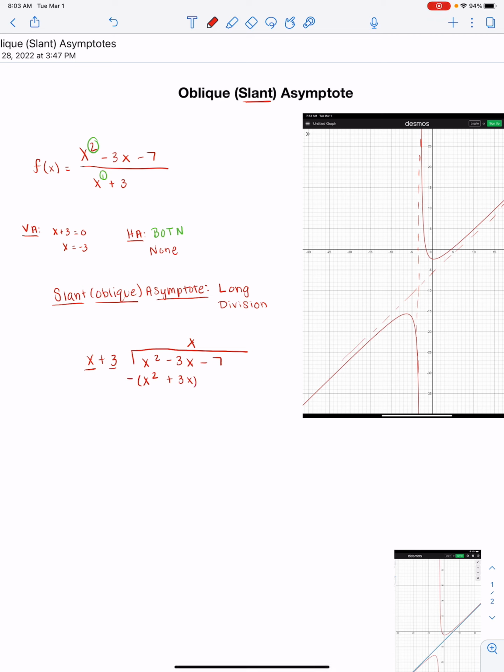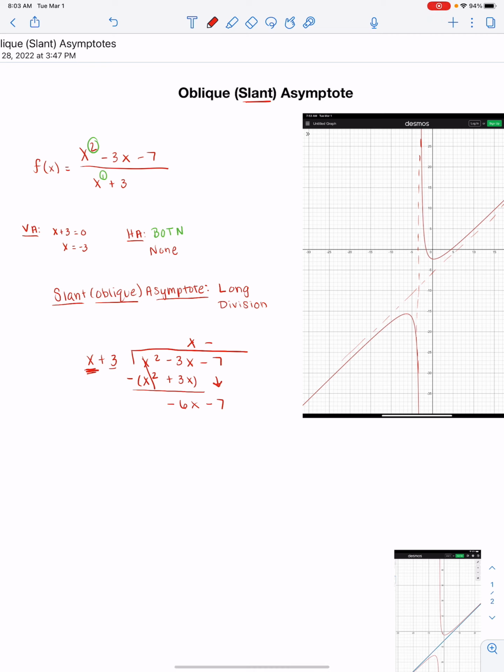So x squared minus x squared is nothing. -3x minus a positive 3x is really negative minus, right? So a -6x, bring down the -7. Okay, now ask yourself, what times x is going to give me -6x?